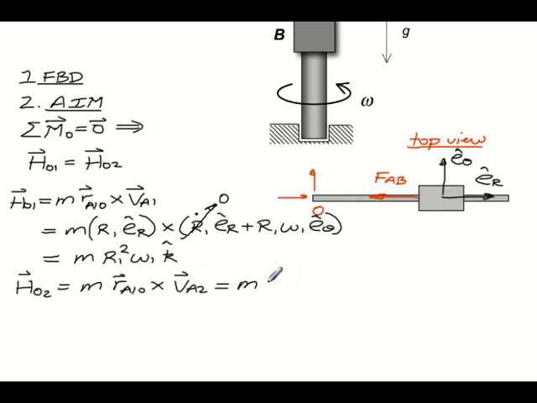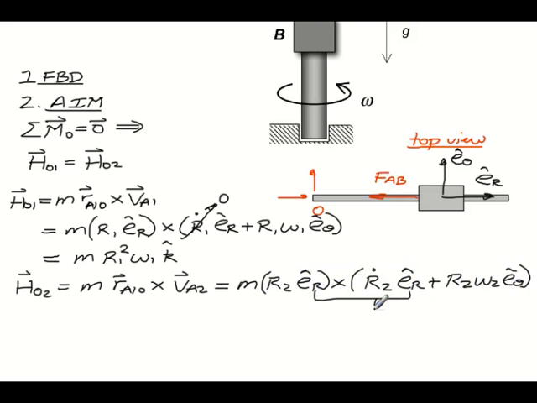Well, the R vector is going to be the new distance R2 ER, crossed with the velocity. We don't know what it is, but we'll write it in terms of a polar description and see what we can get from this. Like this. ER crossed with ER, that's always 0, any vector crossed with itself.